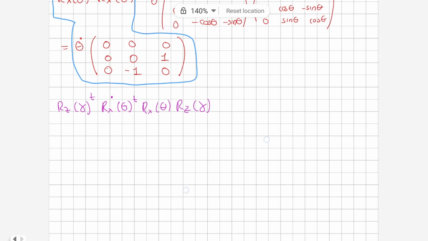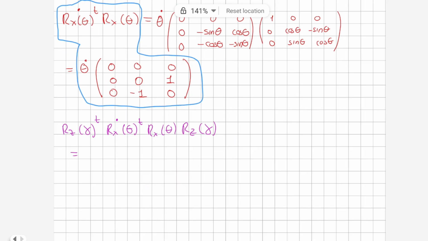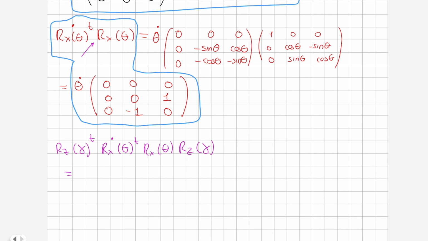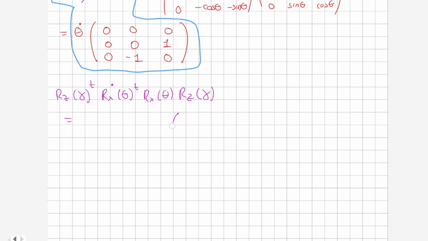Perfect. So what happens if we calculate this? Well, this is going to be equal to, look that here we have Rx dot theta transpose Rx theta, which is actually this thing that we just calculated. Okay, and yeah, we can write theta dot here, and then this is going to multiply some matrix, the matrix that we just found, 0, 0, 0, 0, 0, 1, 0, minus 1, 0.